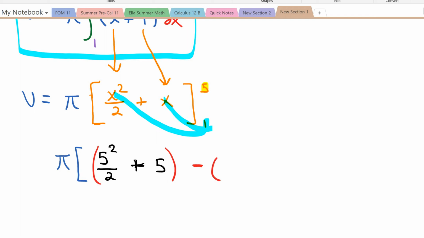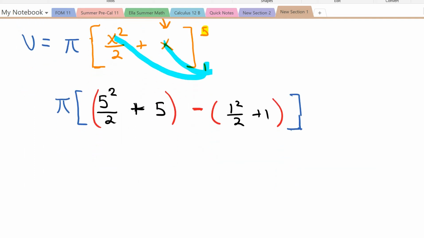So that's going to be 1 to the power 2 divided by 2 plus 1, and then I can close the bracket there. Unfortunately for this particular problem, you do need to spend a little bit of time calculating the individual numbers inside the brackets here. Hopefully we can do that slowly.